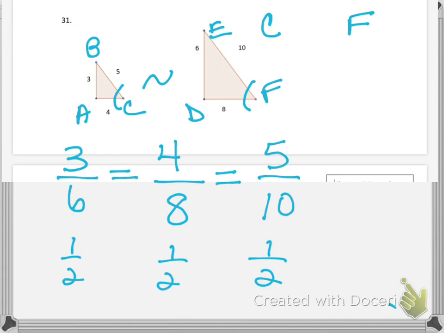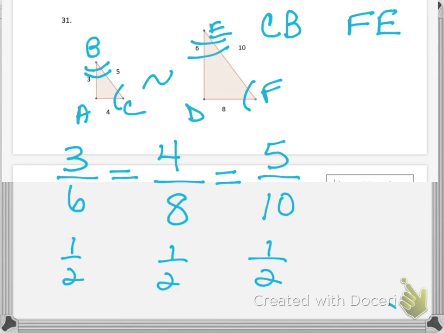Okay, look at the 4 side. That side is opposite the medium angle. Okay, which is the median side here? Well, it's the 8. So that means E is across from the medium side. So the median angle is B for the first triangle and E for the second triangle.